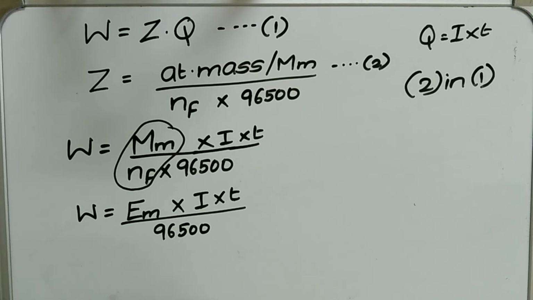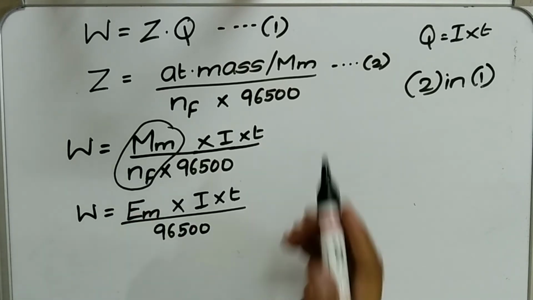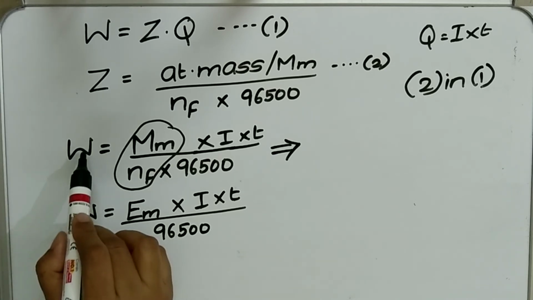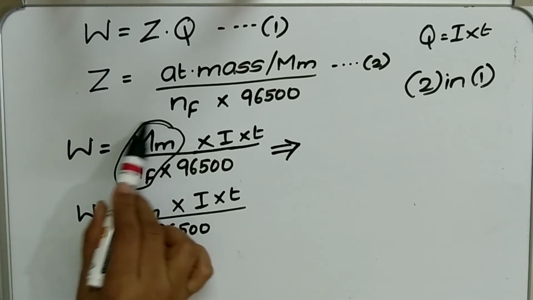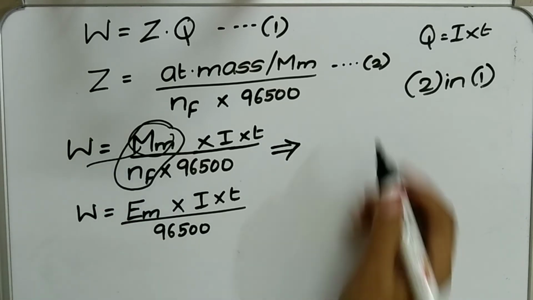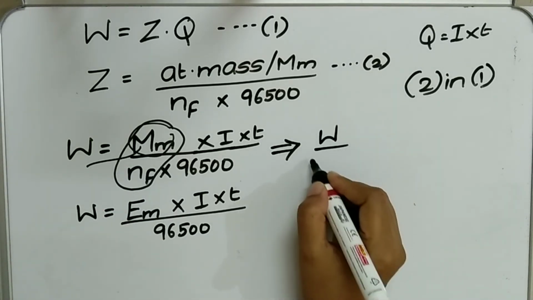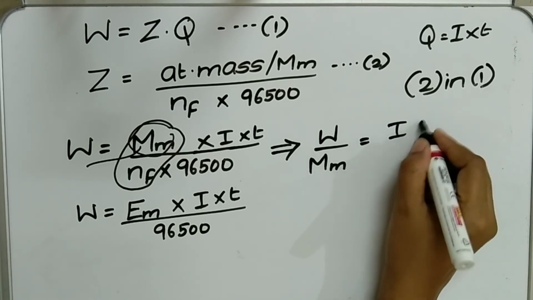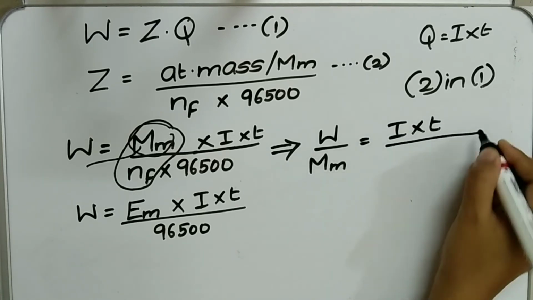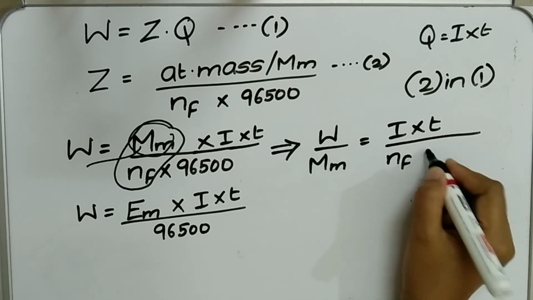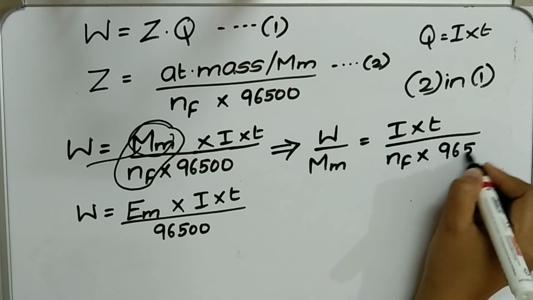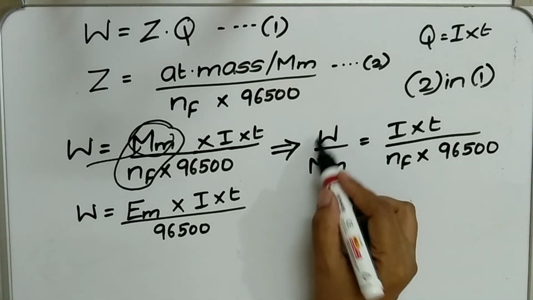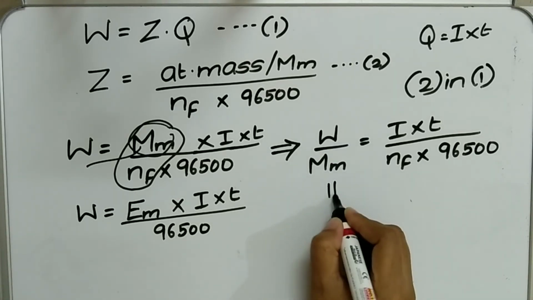Correct? Now from this equation we can also get one more equation, that is, if I take W upon MM, this MM if I take it down in the denominator, W upon MM, I will get it as I into T upon n factor 96,500. Right. Now what is W upon molar mass? That is moles.